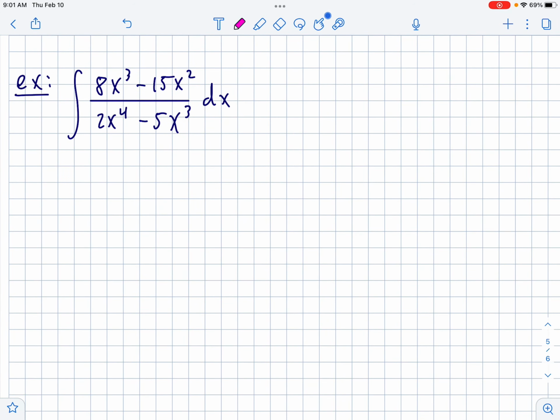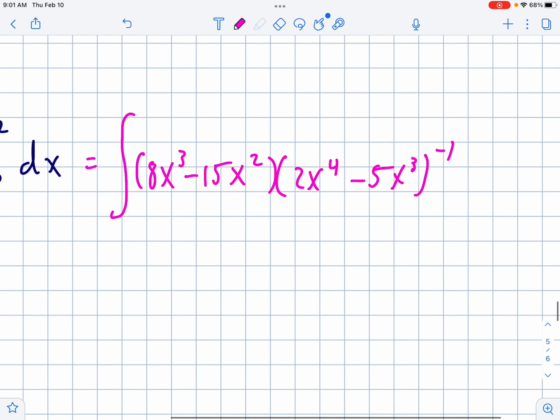Last problem. It can be kind of tough looking at this to decide what the inside function is. So before we even define what u is, I'm going to rewrite this as 8x cubed minus 15x squared times 2x to the 4th minus 5x cubed to the negative 1.